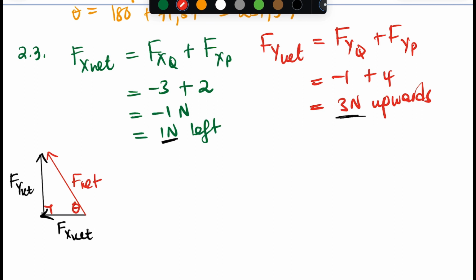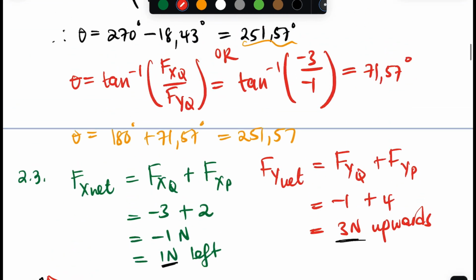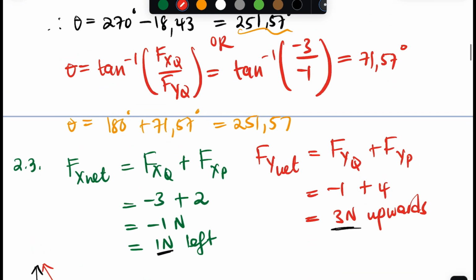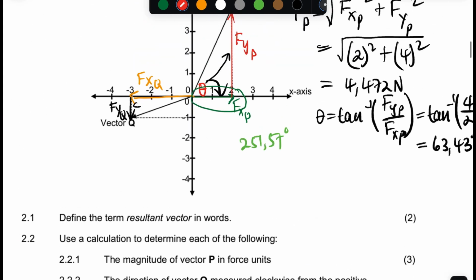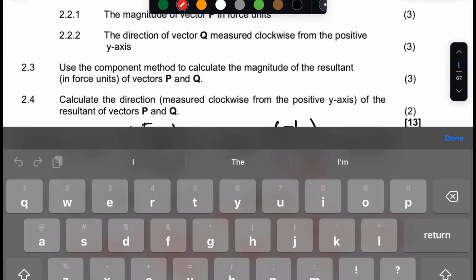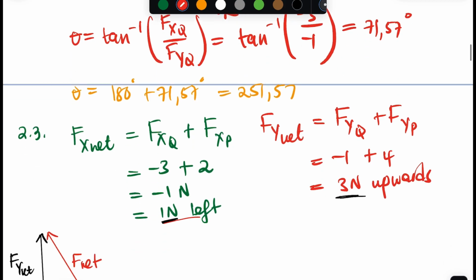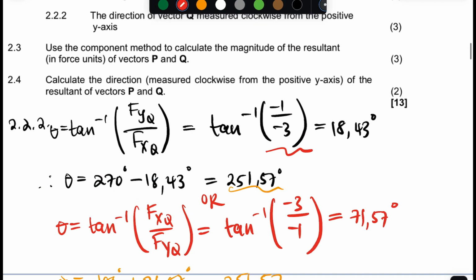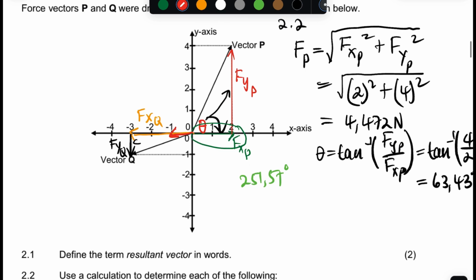So very important for this, understand which quadrant this is, where it's going to be your negative 1 of x. Negative 1 of x is there, and then your y, that is your y that is going upwards, that is positive, it's going to be there.